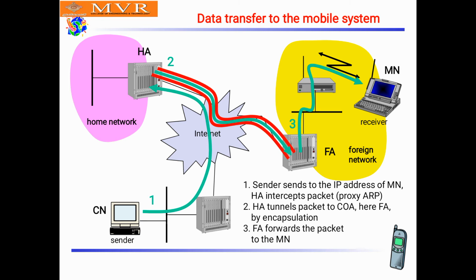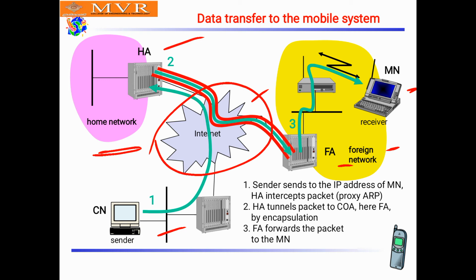So this is the data transfer to mobile system. See this picture, how the data is transferred. See here, it is the internet and it is a home network and it is a foreign network. In this it uses CN, MN, HN, HA: the correspondent node, mobile node, home network, home agent, and foreign network, foreign agent is there, and this is the internet.